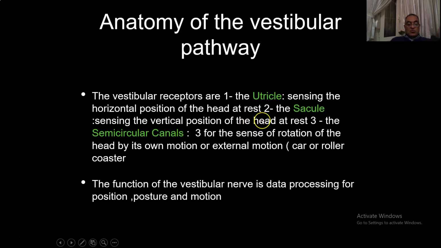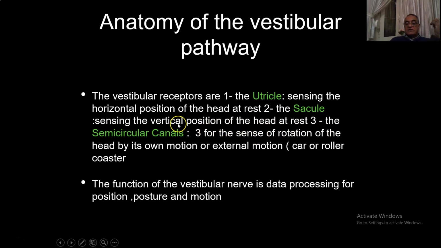So when the head is not moving, you are receiving information about the position, important for equilibrium at rest. The horizontal position of the head comes from the receptors in the utricle, and for the vertical position of the head, impulses come from the receptors in the saccule.